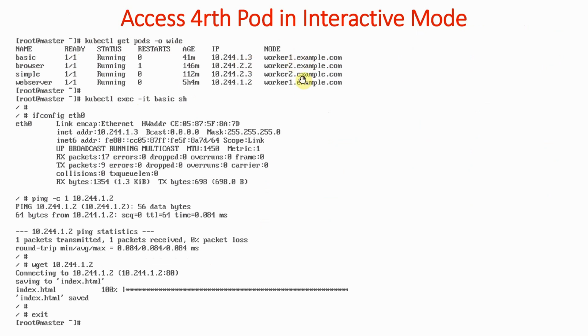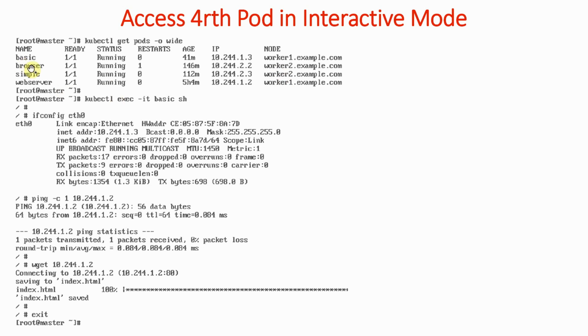Now if you carefully look at this, these two pods are running on worker 1, two are running on worker 2. That means automatically Kubernetes is going to schedule the pods according to the load, and generally it will schedule the pods in such a way that there is equal distribution of load.